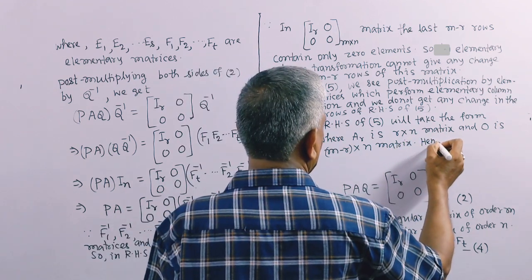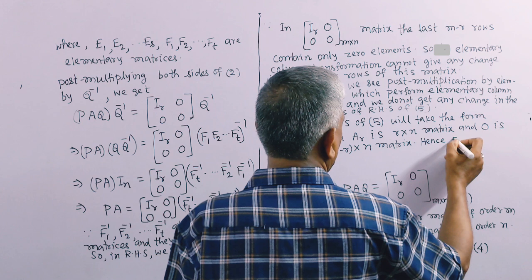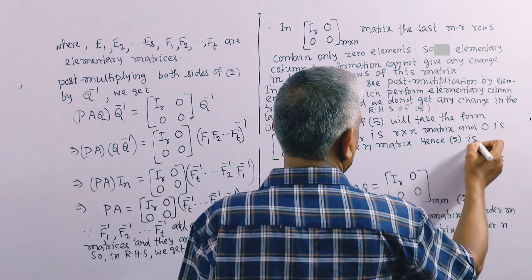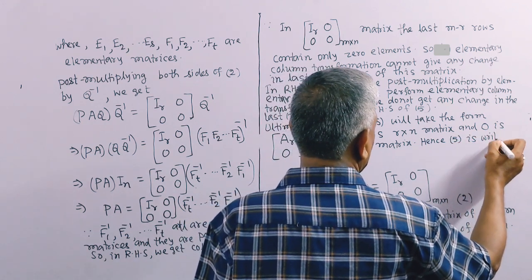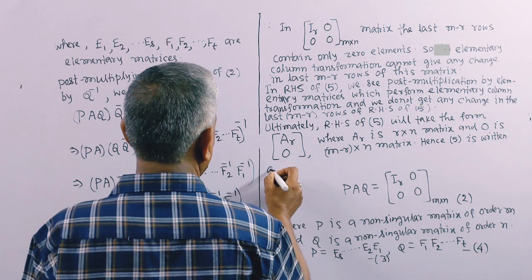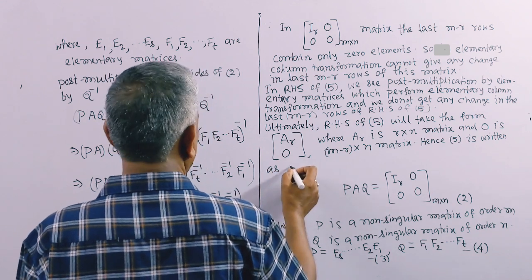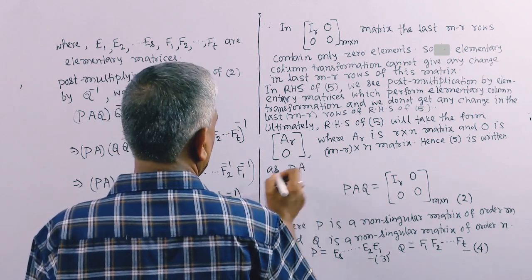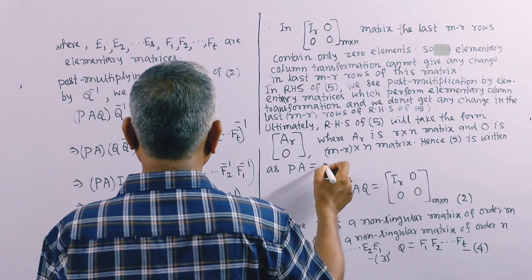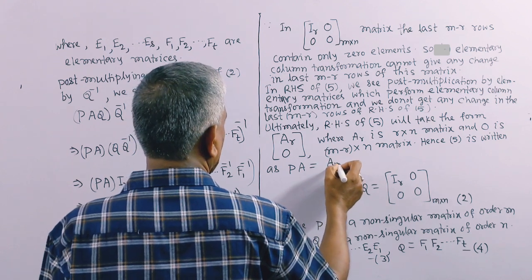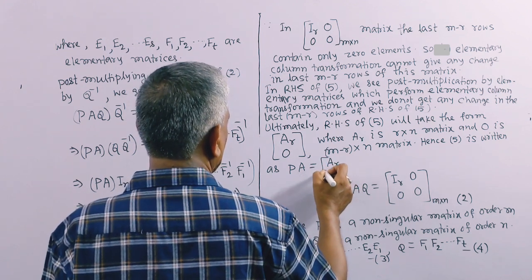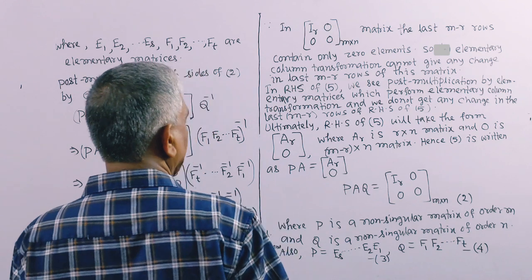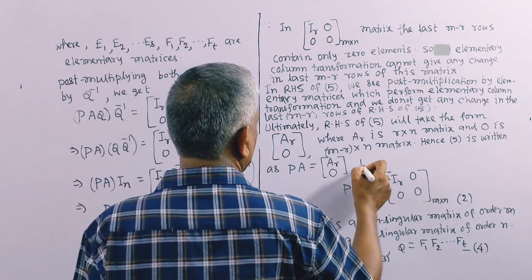Hence 5 is written as PA equal to [AR; 0]. Proved.